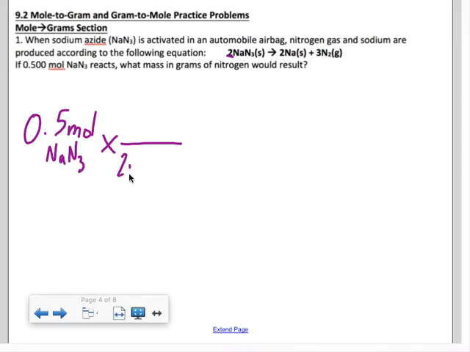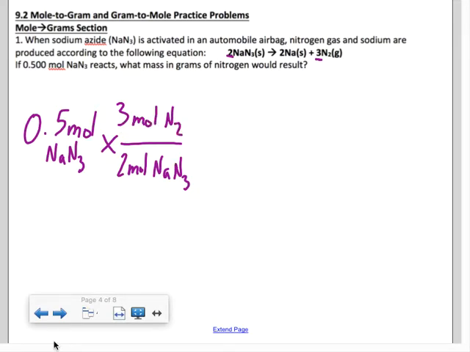So that means 2 mole NaN3 goes here. What goes on top is the unknown that you're trying to get to, in this case, nitrogen. Okay? So I look at my chemical equation. I have a 3 here, so it's going to be 3 mole N2.